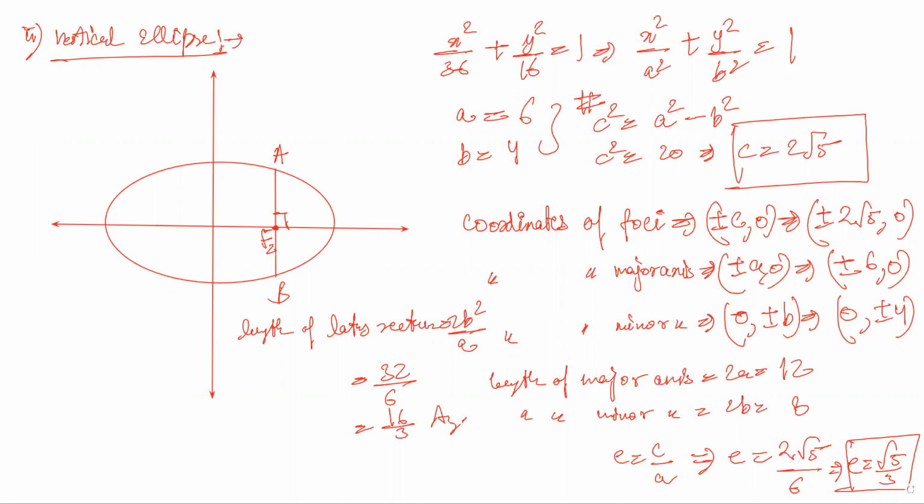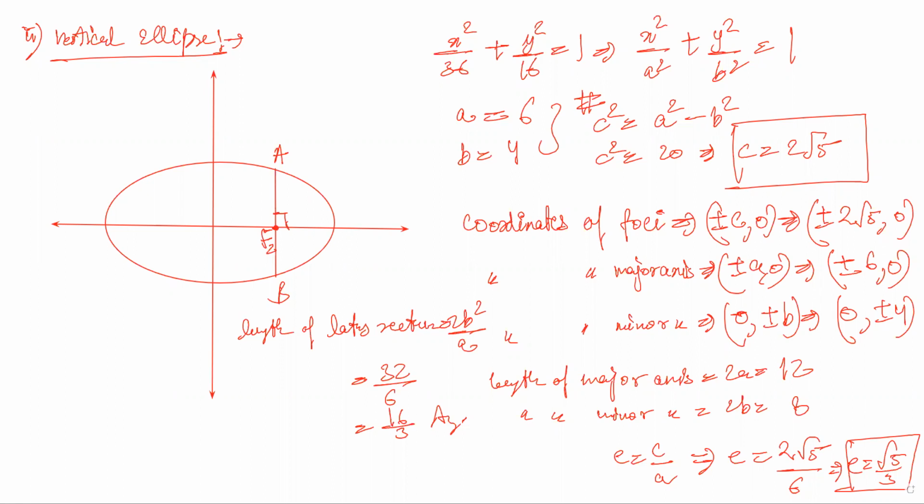It's a vertical ellipse. Good. What is the value of a? 10. And what is the value of b? 5. Okay.